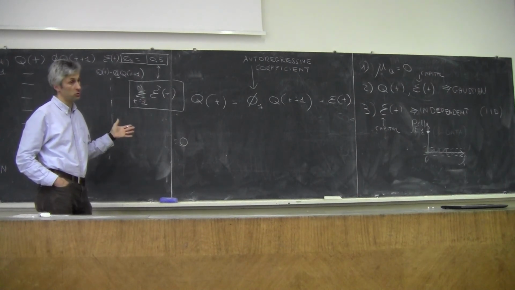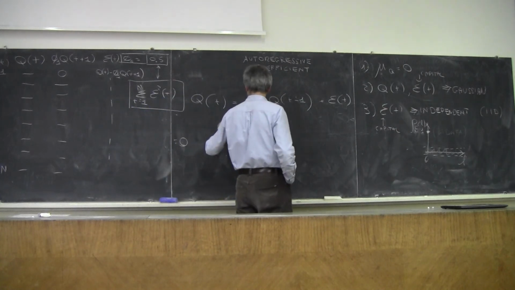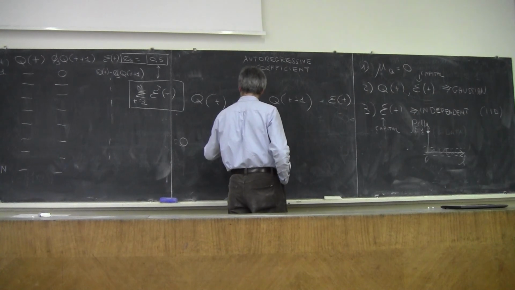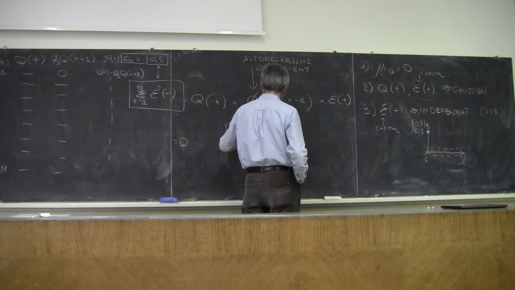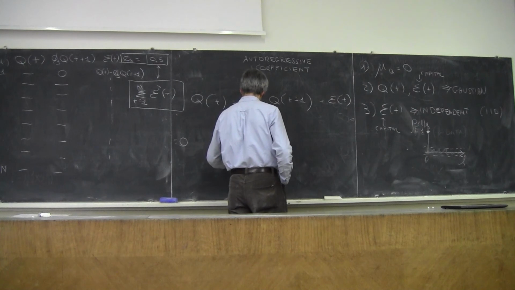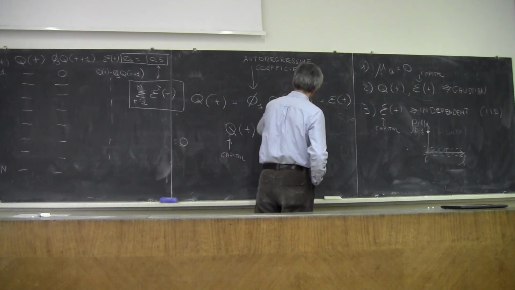What is the probability distribution? The probability distribution is Gaussian. So in general, Qt, capital Q, is normal.